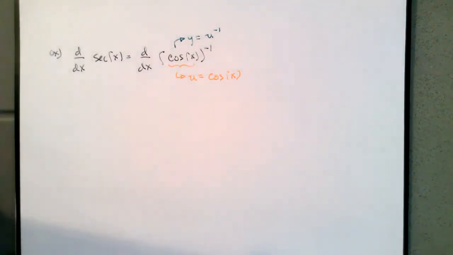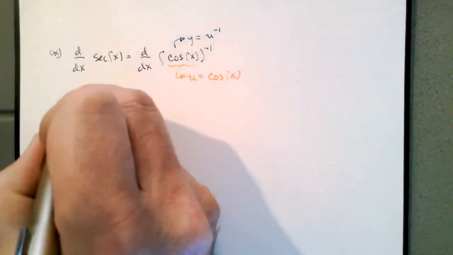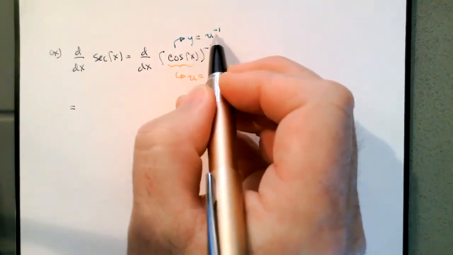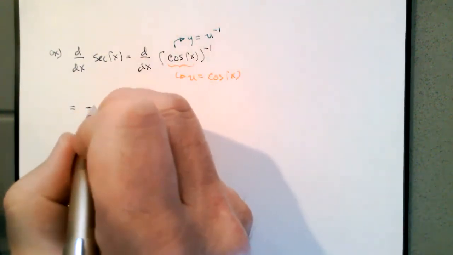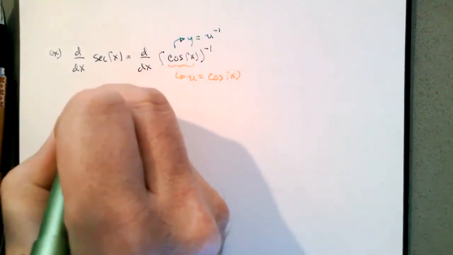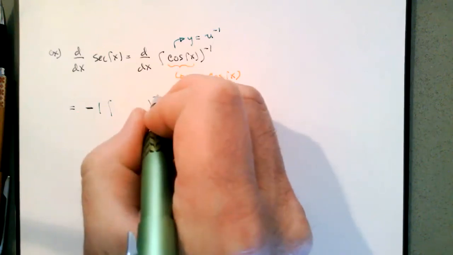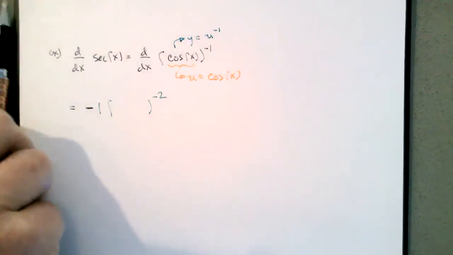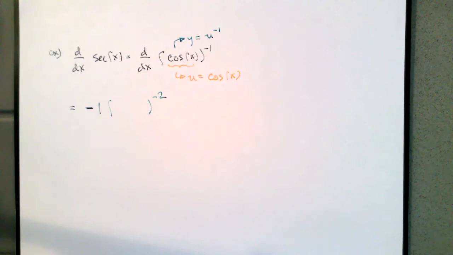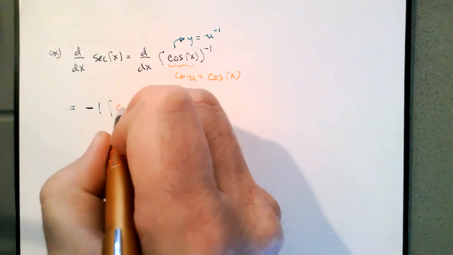So the derivative of something to the -1 power is -1 times u to the -2 power. That's just the derivative of anything to the -1 power is -1 times that thing to the -2 power. And the thing in this case is cosine x.